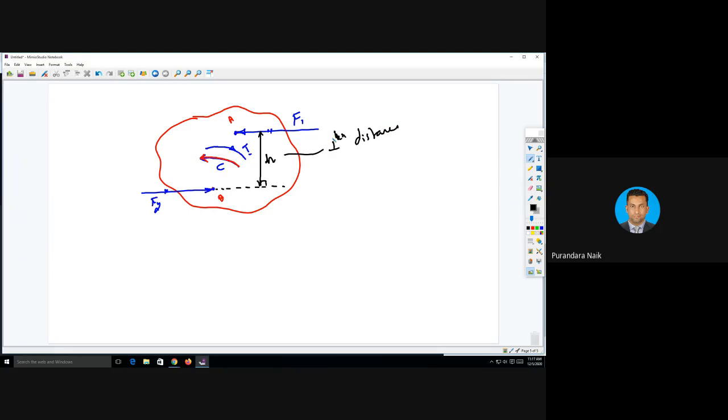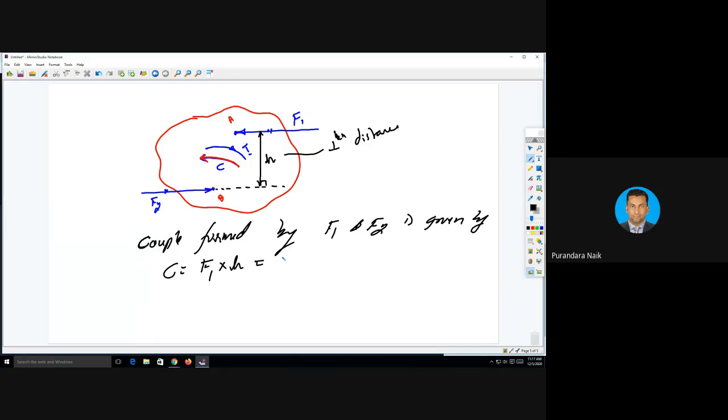Okay, write down: the couple formed by F1 and F2 is given by C is equal to F1 into H is equal to F2 into H, because F1 is equal to F2.